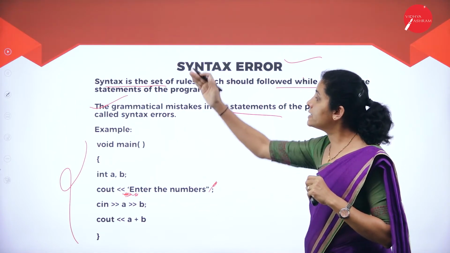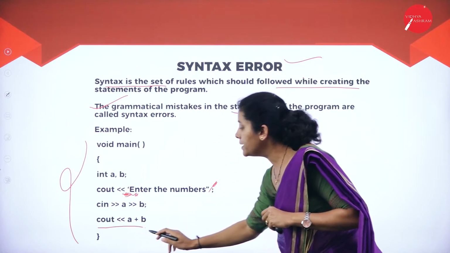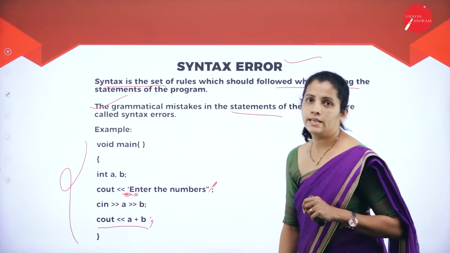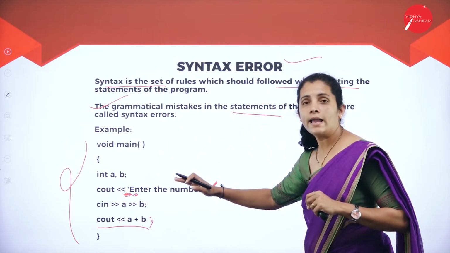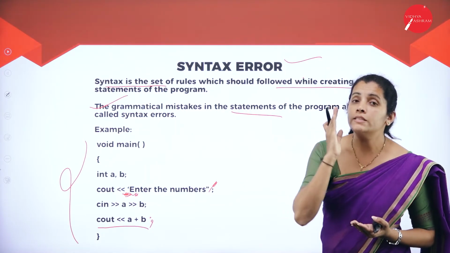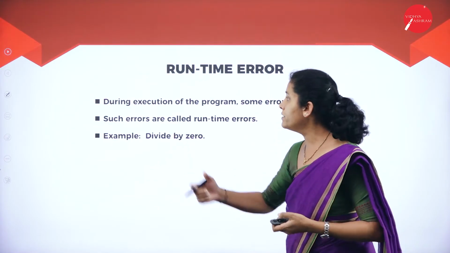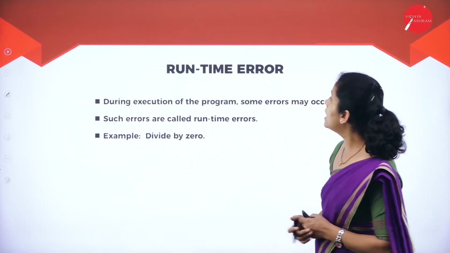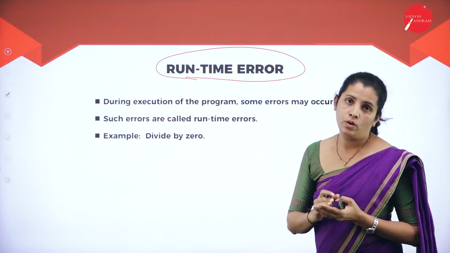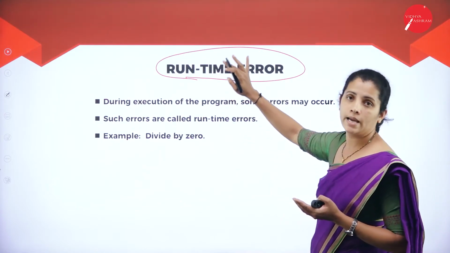Then what is the next syntax error? After printing this statement, I want to end my statement. That is indicated by using a semicolon. So these are the 2 syntax errors in my program. Moving further, I have runtime error. These are the errors that occur during runtime.